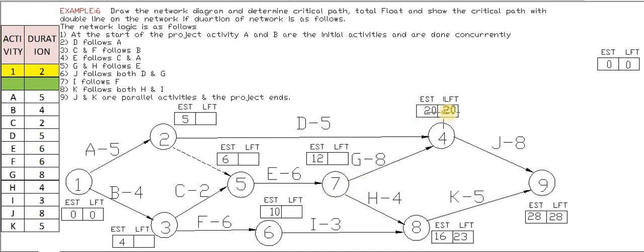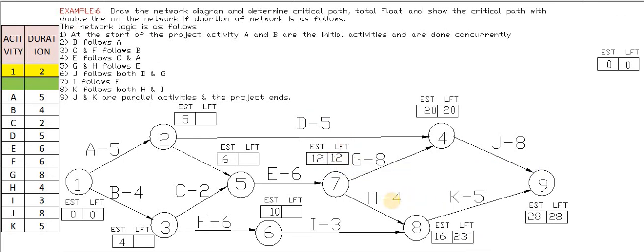Here 20 minus 8 is 12, one value, and the other value is 23 minus 4, that is 19. So 19 is the maximum and the minimum is 12. So we will take the value for 4 to 7 as 12, the minimum value.